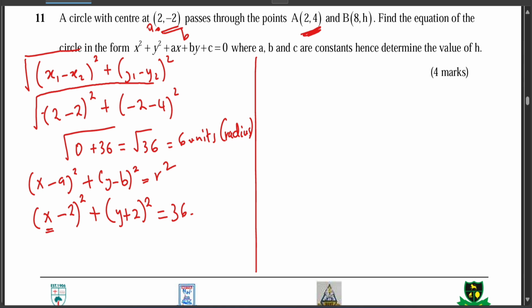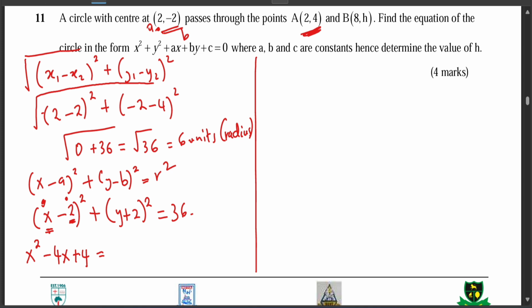Hii ku open up ni rahisi sana. You square the first one, x uta square. To get the second digit utachukua x times -2 itakupa -2x, lakini -2x itapatikana mara mbili, so -2x times 2 itakuwa -4x, and the last one you square the last one, so -2 times -2 ni +4. So as for the other one also you do the same thing.